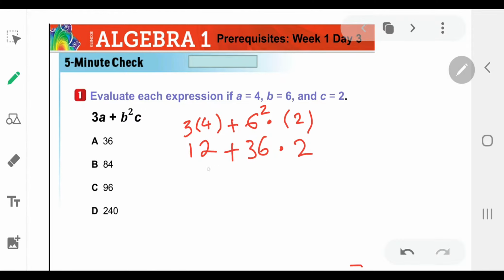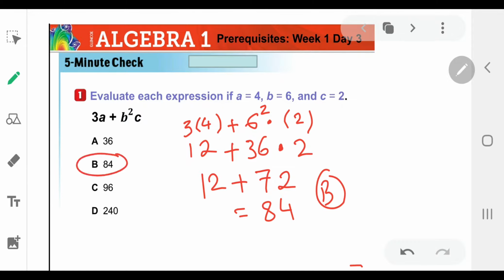Now I have in the same problem addition and multiplication. According to PEMDAS, I will start with the multiplication. 36 times 2 is 72, plus the 12, so it will be 84, which means the answer is B.